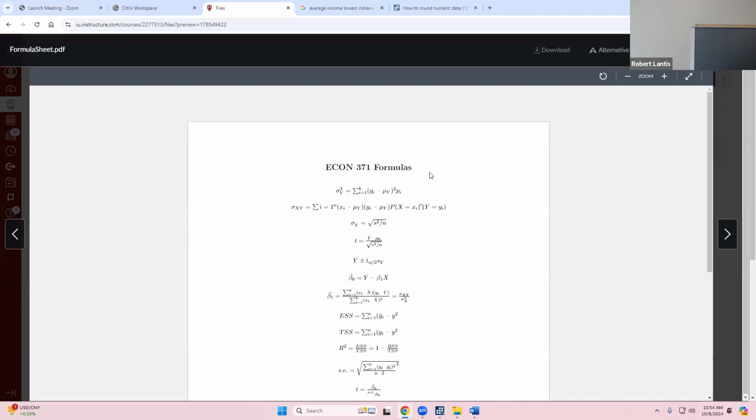Sometimes it'll make things jump all around and look weird. If it ever looks like a really weird file, try downloading it and opening it up as an actual PDF. Viewing it in a web browser can sometimes cause weird things with PDFs and even Word documents occasionally. So a safe bet is always to download it.